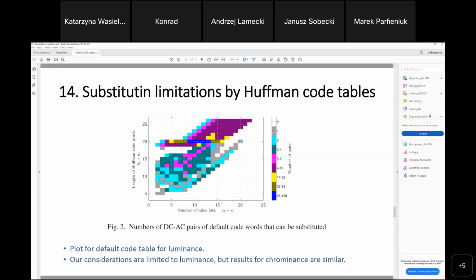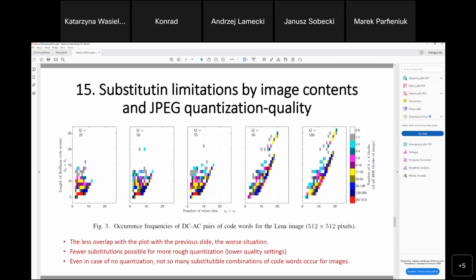Many combinations have two or more substitutes, but for real images the situation is worse. These are corresponding plots which show how the distribution of combinations of code words depends on JPEG quality settings. We have quality settings 25%, 50%, and so on.